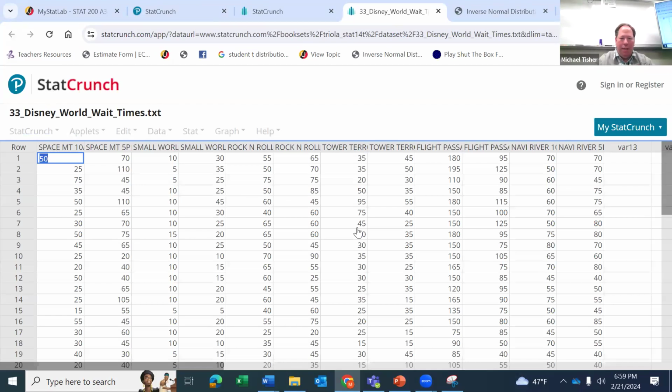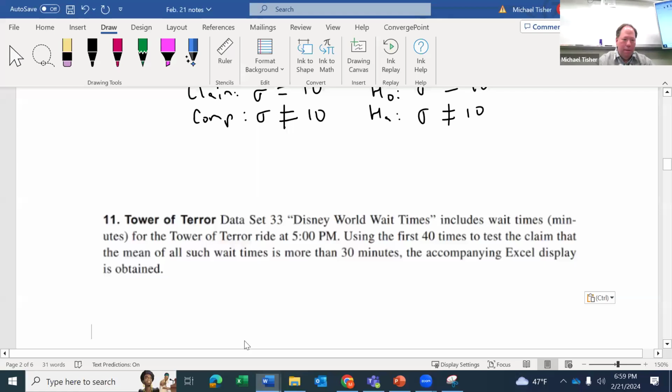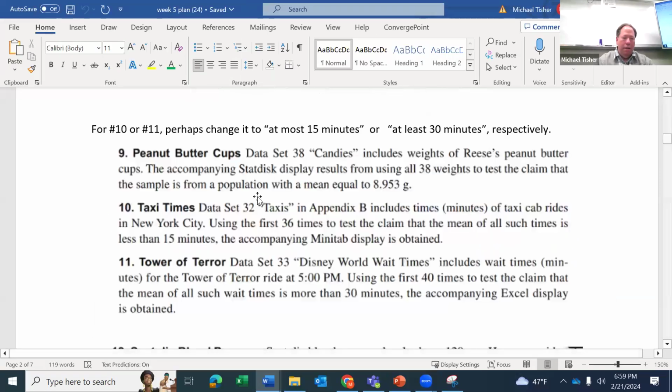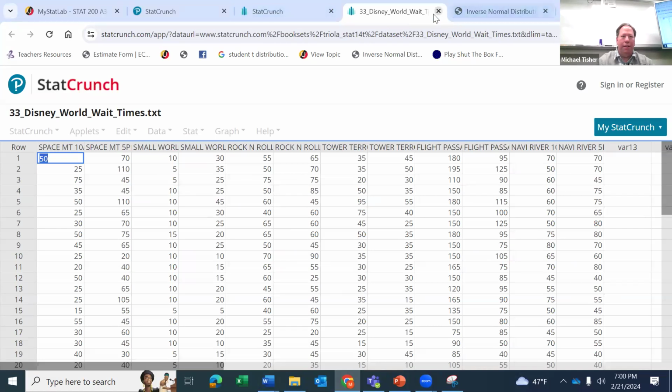That should give us a bunch of data here to deal with. And it says use the first 40 times, all right? And we want the Tower of Terror ride at 5 p.m., but we'll use all the times, okay? Before we deal with the data, we'll access the hypothesis test checklist.